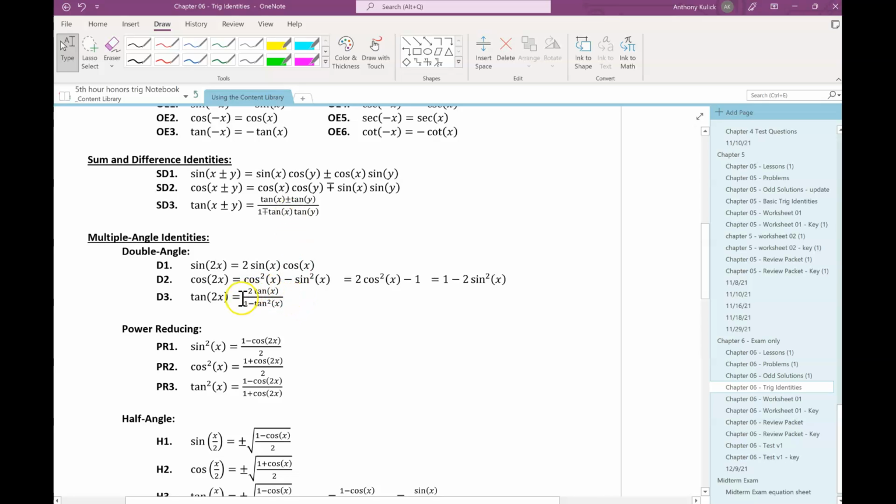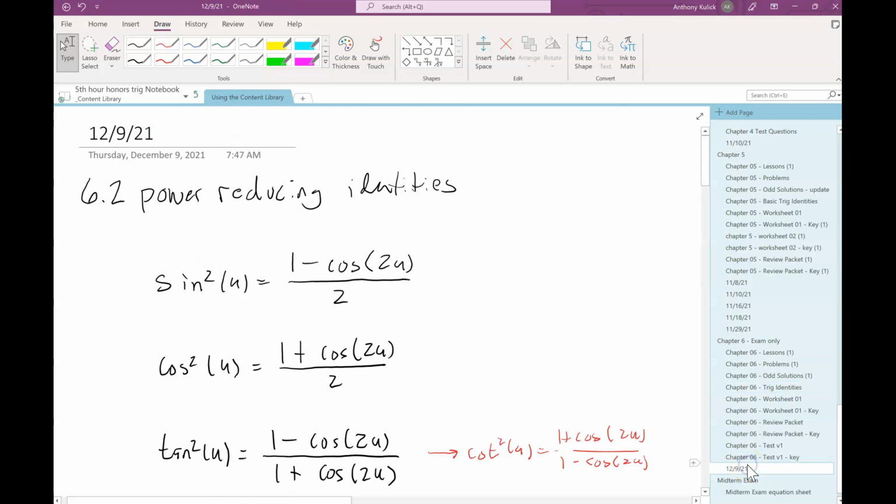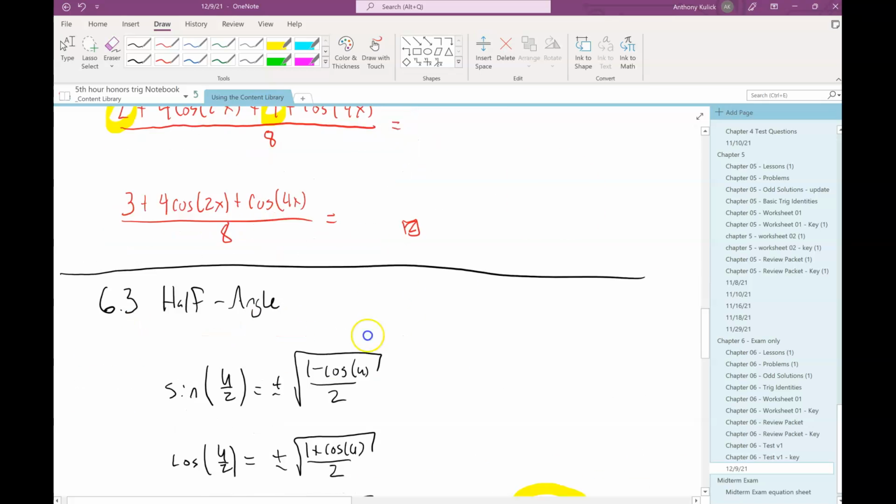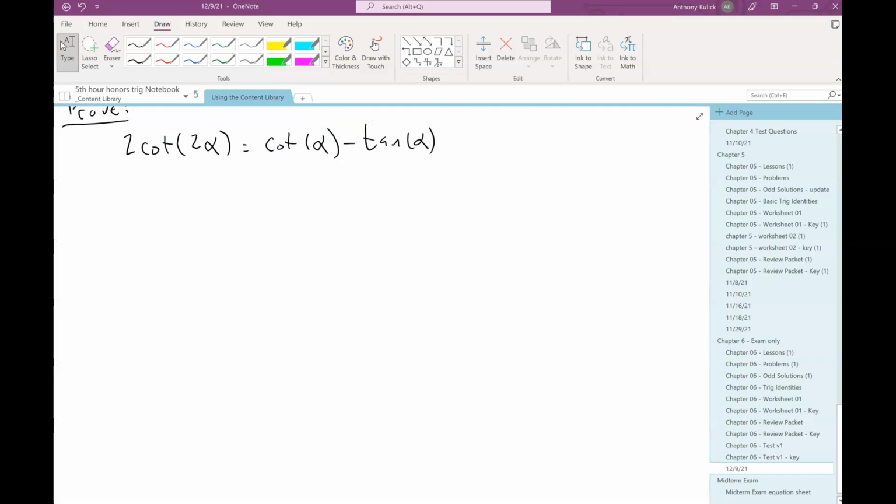So let's do that. But remember, we're doing cotangent is the function that we have in our example. So we're going to be using the reciprocal of this one. So I'm going to write 1 minus tan squared over 2 tan. So I still have that 2 out front.